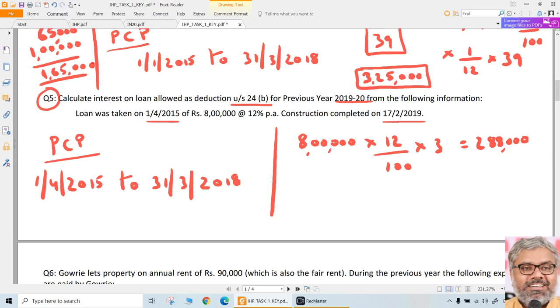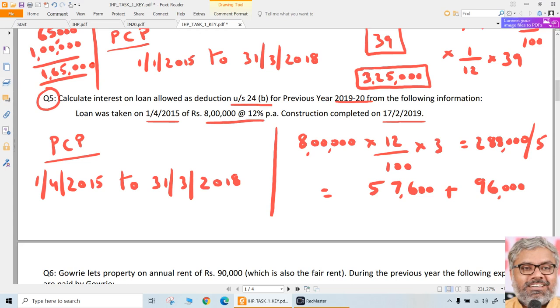2,88,000 is the pre-construction interest, deduction allowed on that is only 1/5 of that. That means 57,600. But post-construction period interest, that is current year interest, which is 96,000. Once again, same amount, like 8 lakhs into 12%.